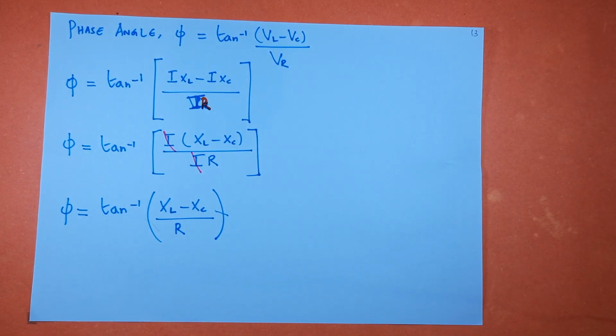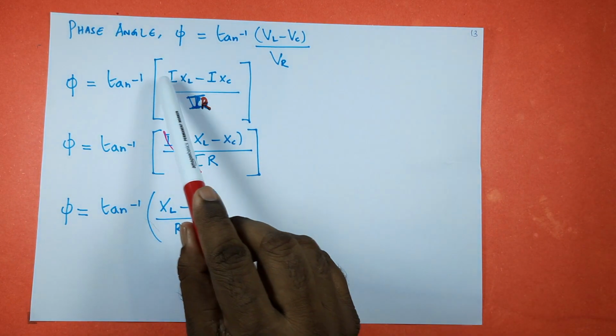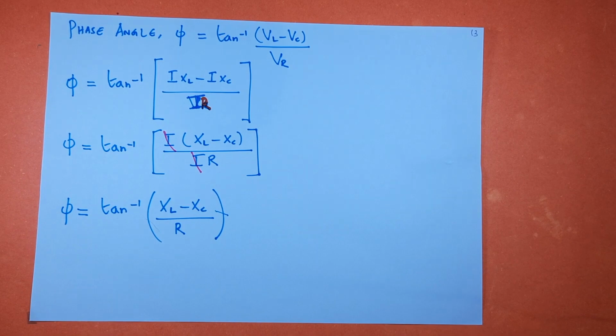This I is common, you can take it outside, and the I and I get cancelled. So this is the expression for your phase angle: phi equals tan inverse of XL minus XC divided by R.